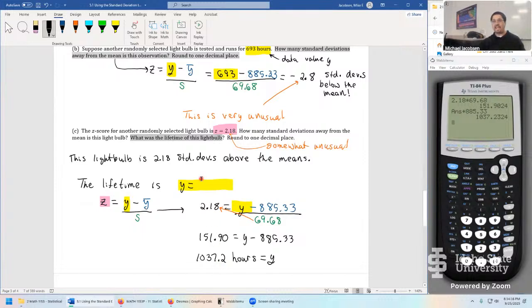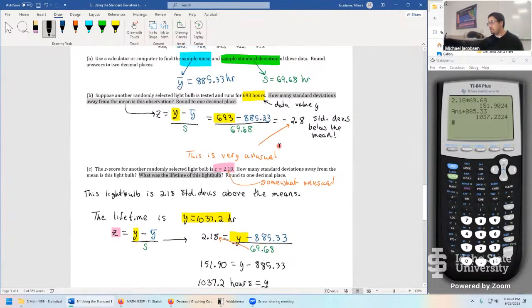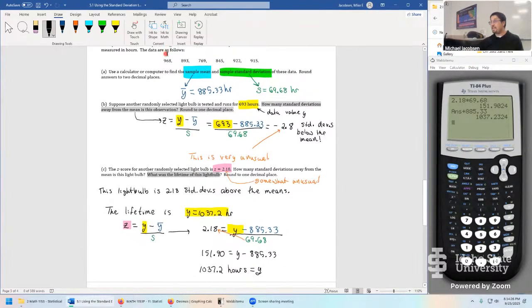It feels weird to leave it hanging here, so I'll recopy it on this spot as well. 1037.2 hours. Looking at the original data, nothing even broke 1,000. So it's in that way that 2.18 standard deviations is pretty unusual. And it's in this way that negative 2.8 standard deviations was tremendously unusual as well.